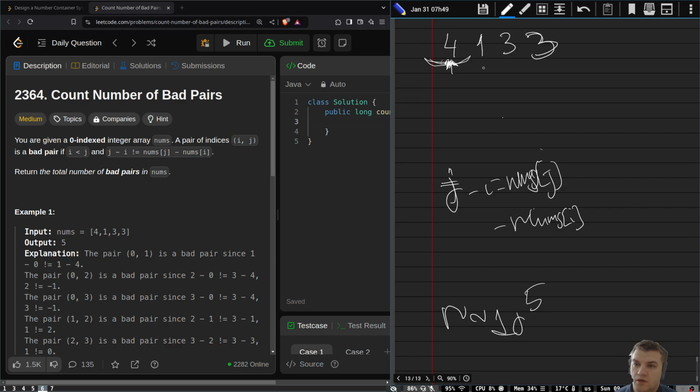Let's say if I have 5 and a distance of 1, so like the next one, or I have 6 and a distance of 2, and I have 7 and a distance of 3.